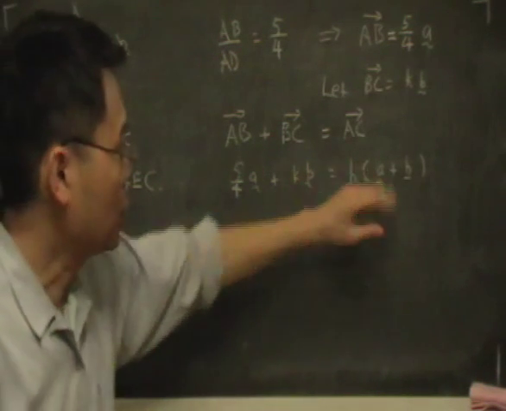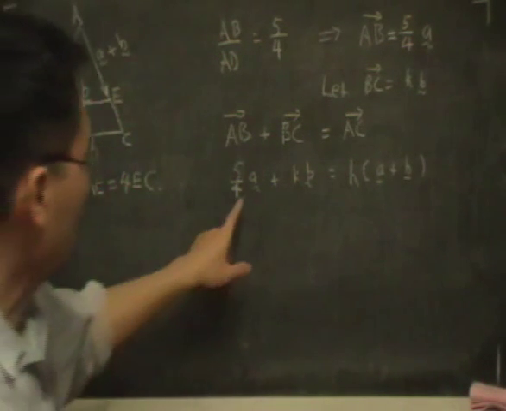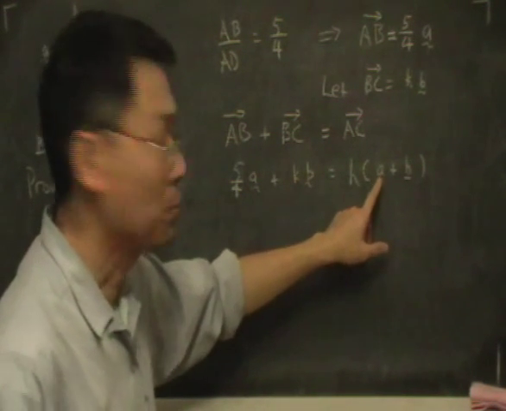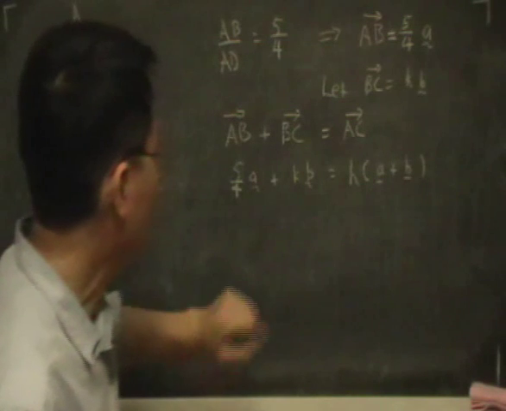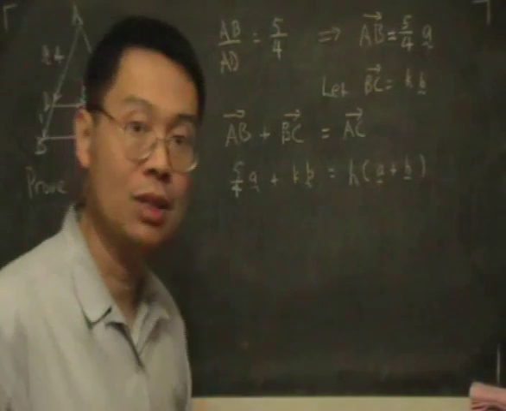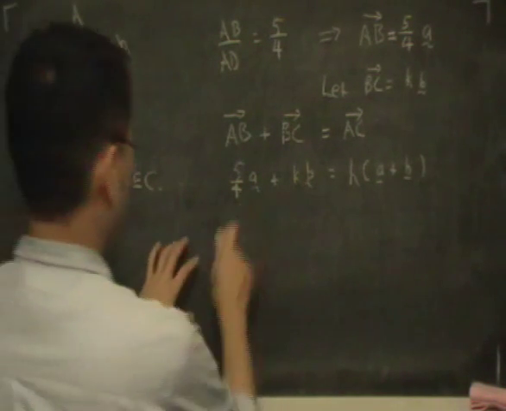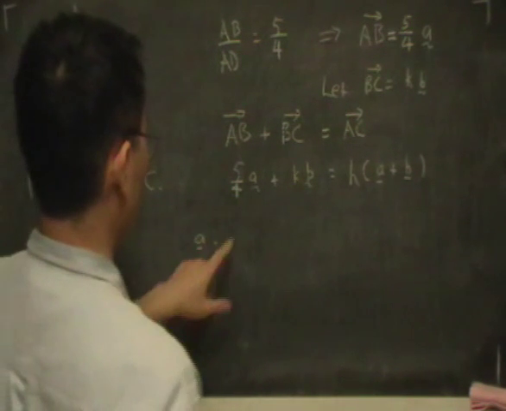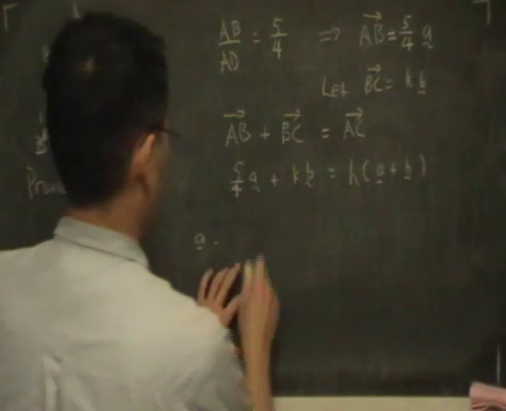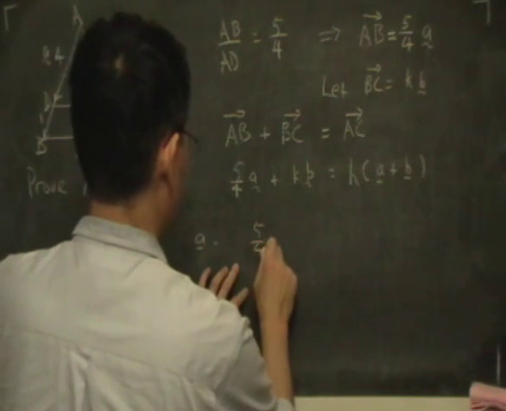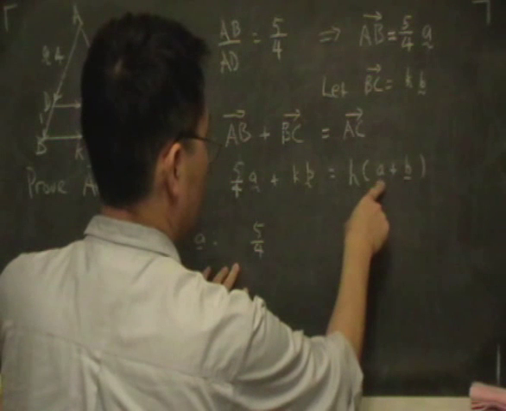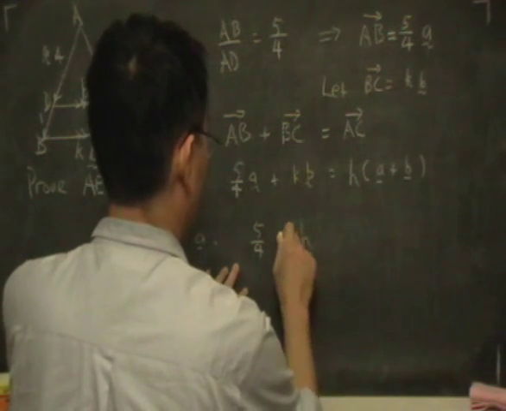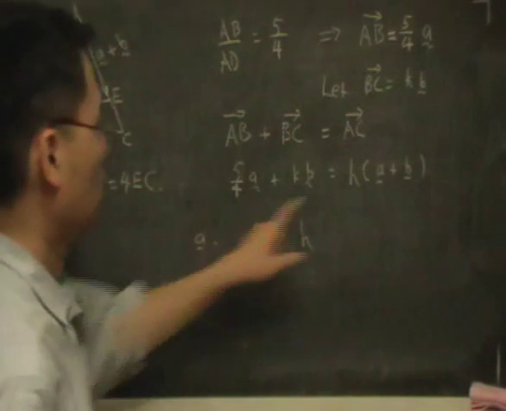Now once we have reached here, we can compare the factors for each of the vectors. For the vector A, on the left side the factor is 5 over 4, and on the right side the factor is h. So 5 over 4 must be equal to h.